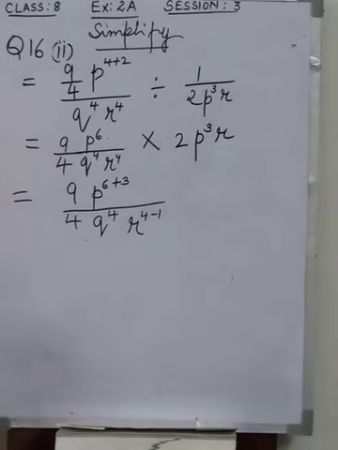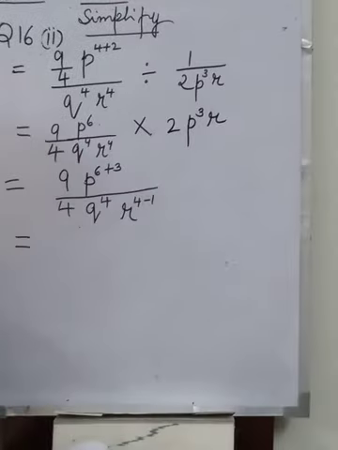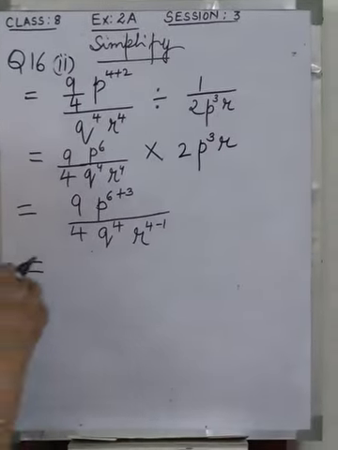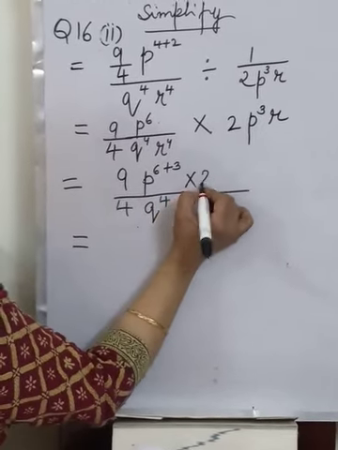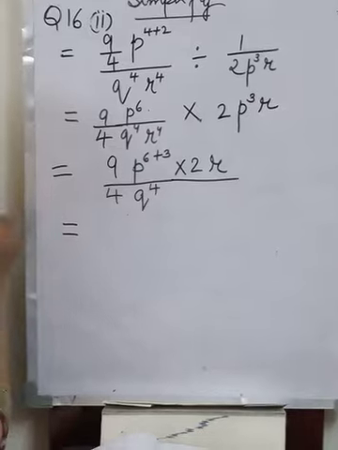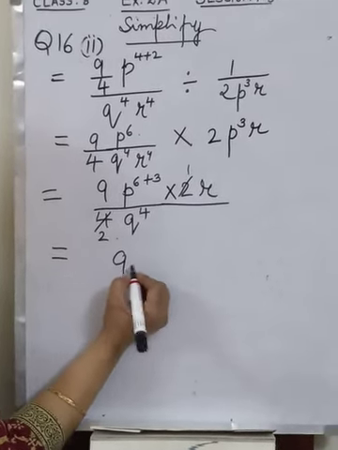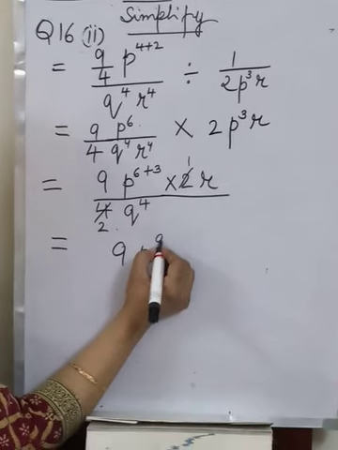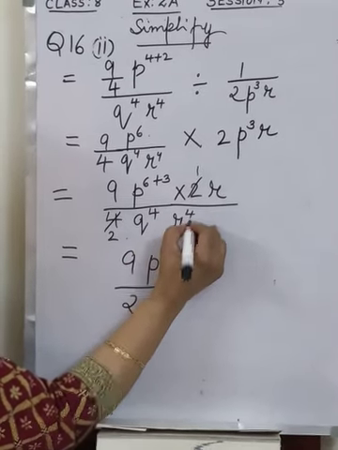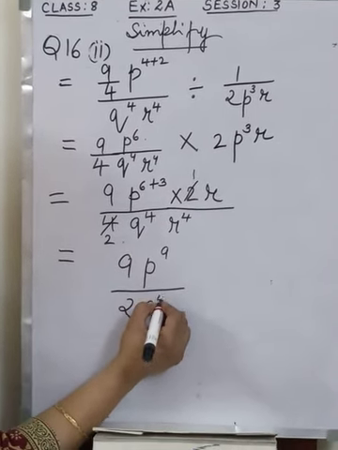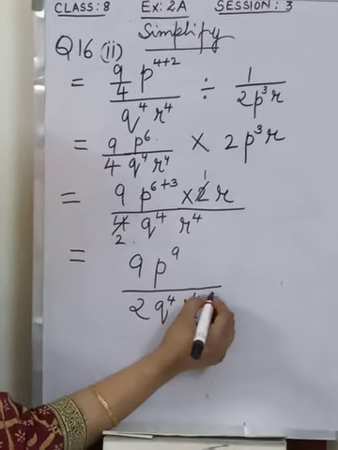Those who are finding it difficult this way can write one more step like this, into 2r. 2 ones are 2, 2 twos are 4, so we get p to the power 9 upon 2, sorry, r to the power 4, q to the power 4, r to the power 4 now minus 1.